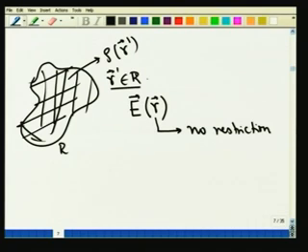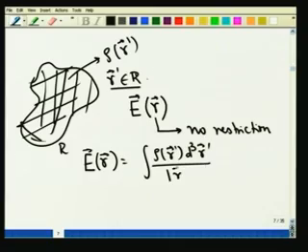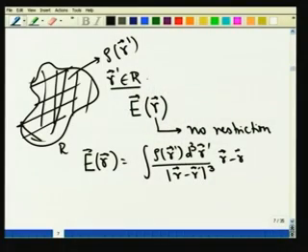So what is this electric field given by? The electric field is simply given by the superposition principle. All of you know how to write that. That is nothing but rho of r prime d cubed r prime times (r minus r prime) divided by mod of r minus r prime, cubed.